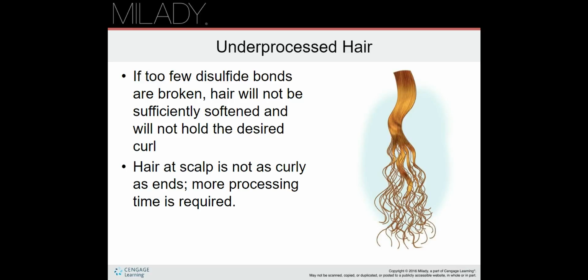Otherwise, it's going to look like this. The ends are naturally going to be a little more porous because they've been in the elements longer, heat styled longer, and possibly colored. So they're going to be more porous, so it'll take the curl better. But if it's too resistant at the roots because it's either gray or coarse hair, then it needs a little bit more time.